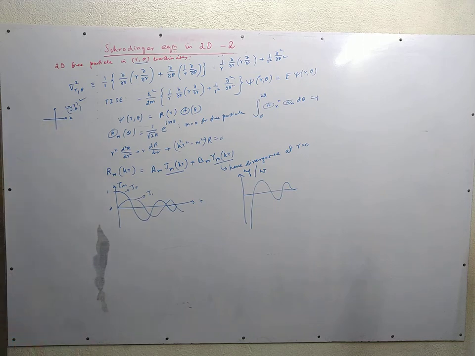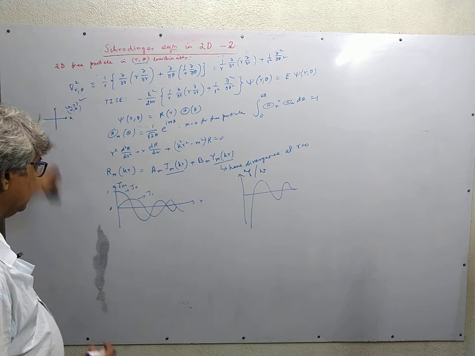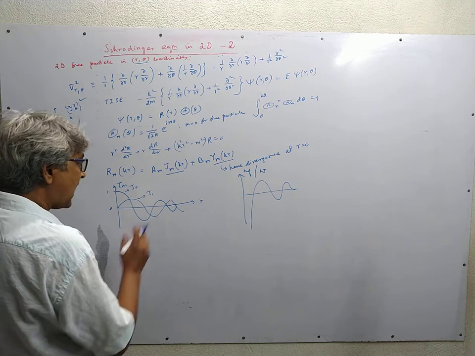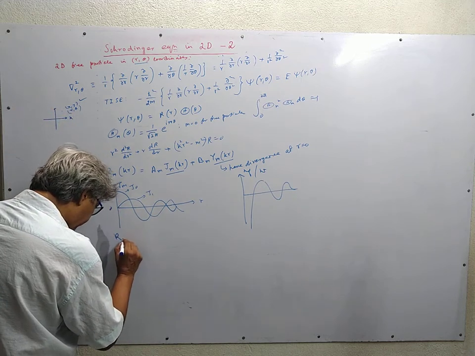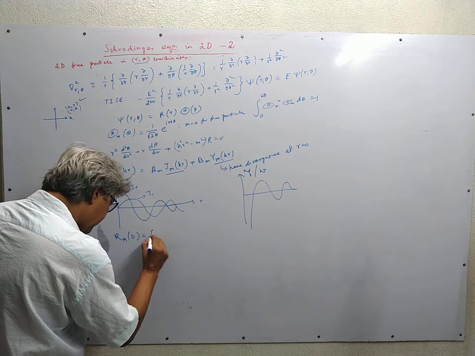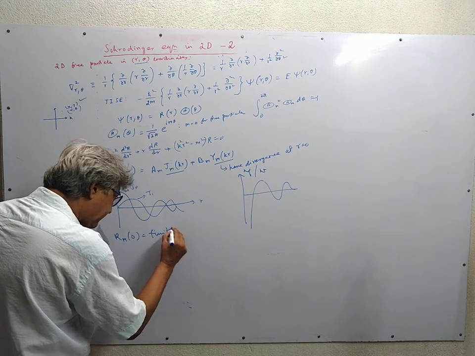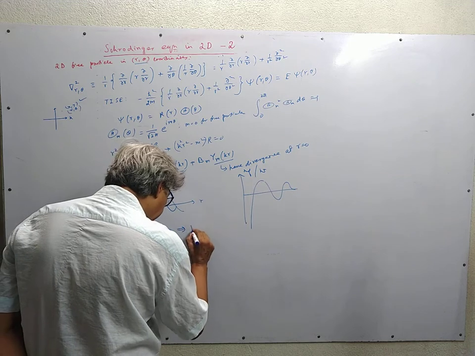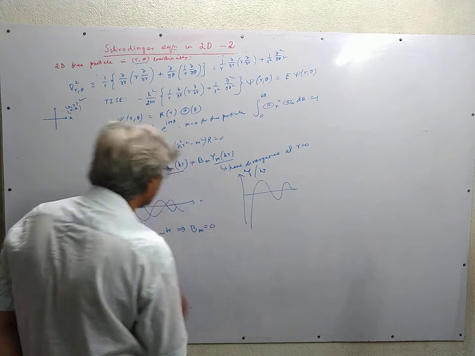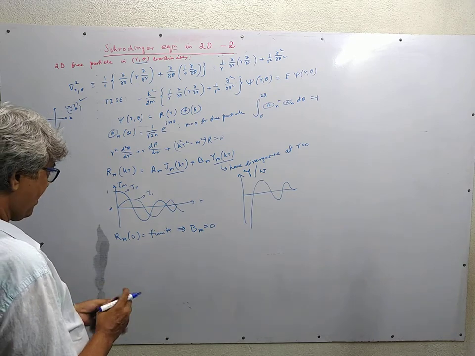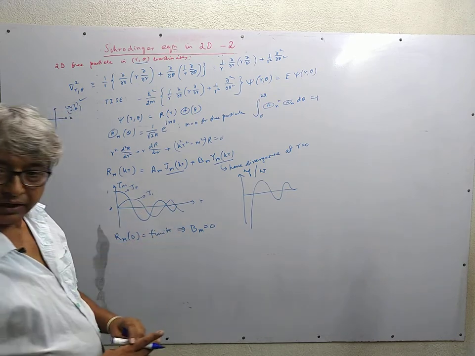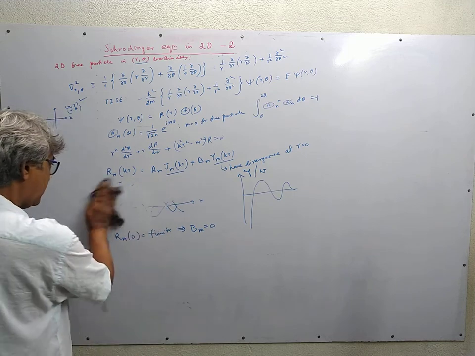Now the wave function that we have obtained has to be finite at the origin. So the boundary condition is that Rm has to be finite at the origin. This defines that Bm's are 0. So the solution is Am Jm.